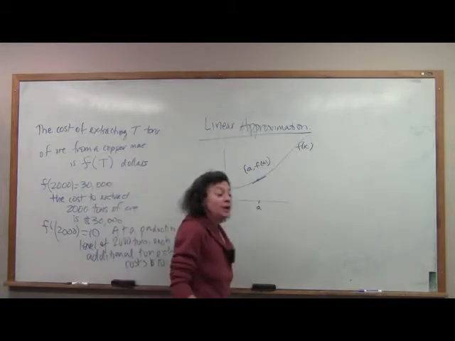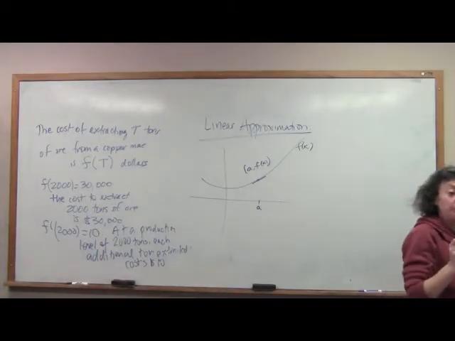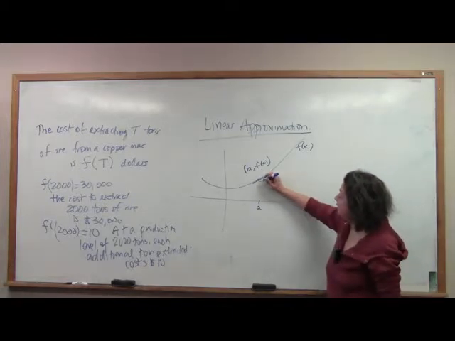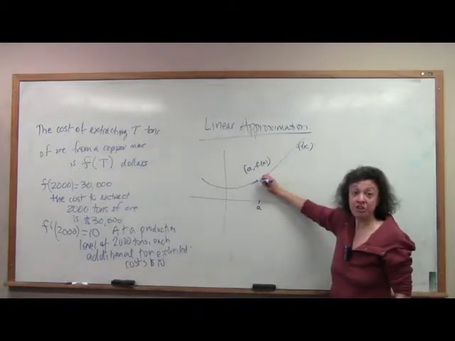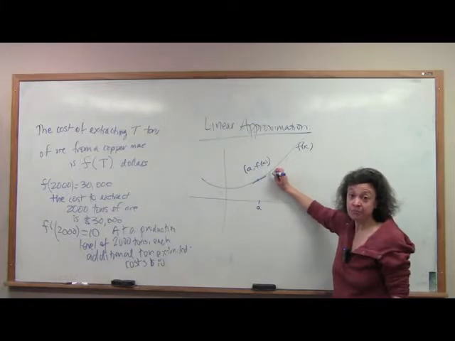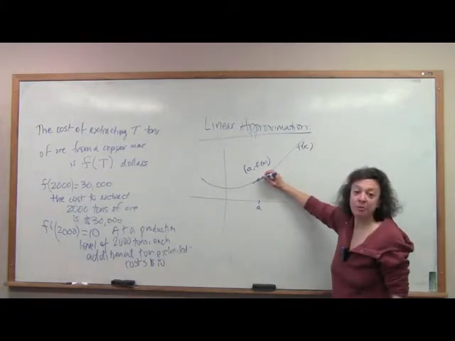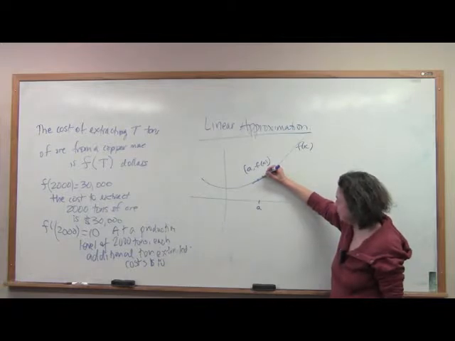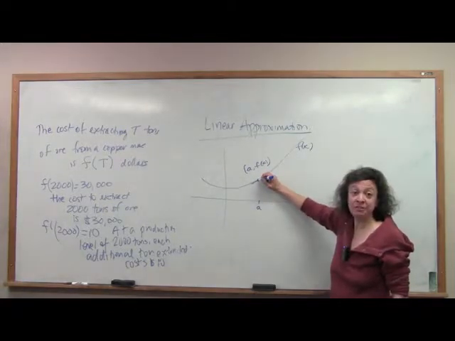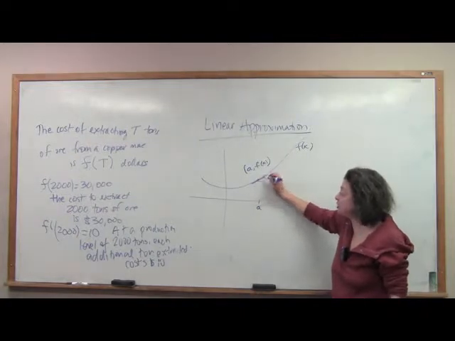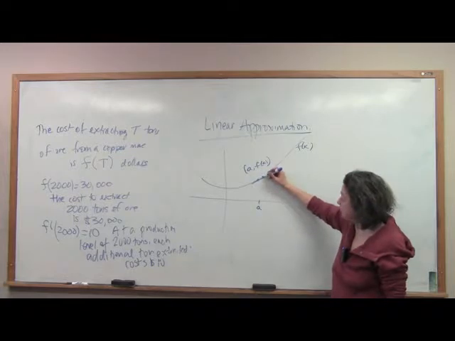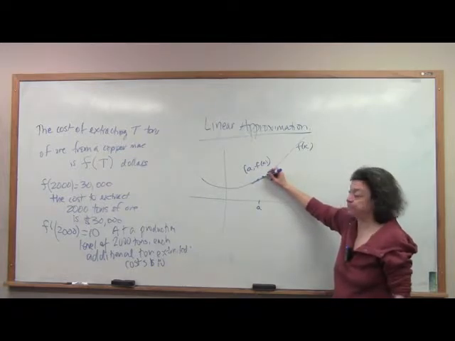Now, the thing that's important to keep in mind here is that the tangent line is a really good approximation to the function for points nearby. So if I wanted to somehow approximate my function over here, and I had the information of my function value at A, I could use the equation of this tangent line in order to approximate my function value.